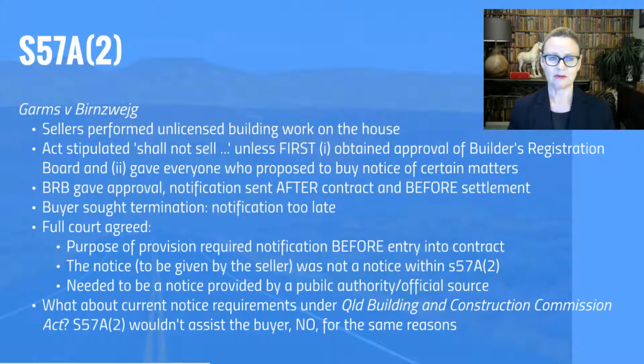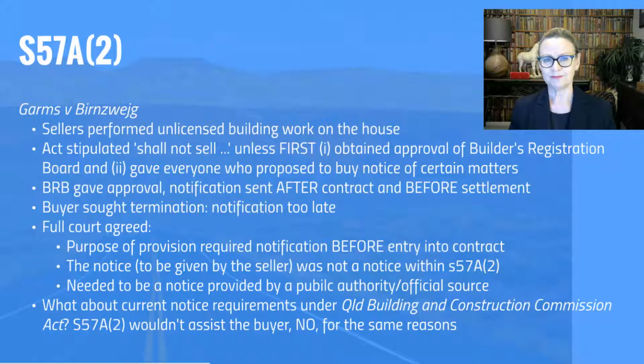So where you've got this legislation saying that the Builders Registration Board required the seller to give notice, that kind of notice by the seller is not contemplated by the equivalent of 57A2.